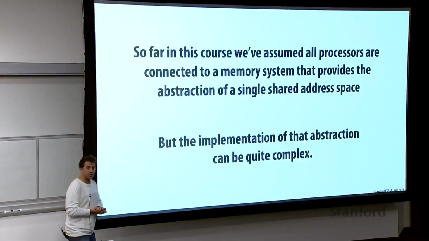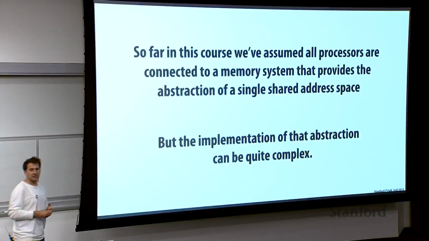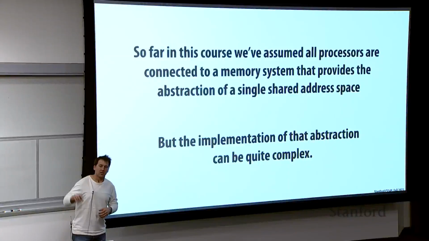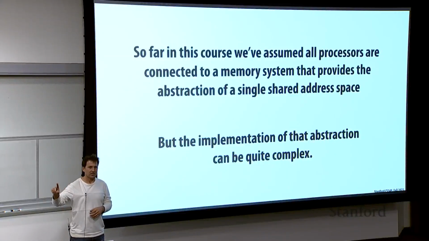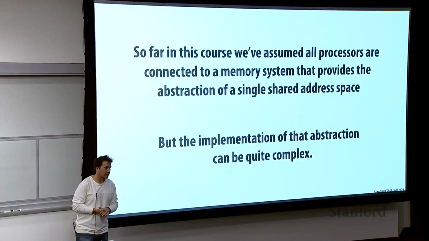So far in this course, and in basically all of the assignments you'll do, we've assumed that all of the processors are connected to some shared memory system. In other words, there was one address space, and all threads could read and write to variables in that address space.